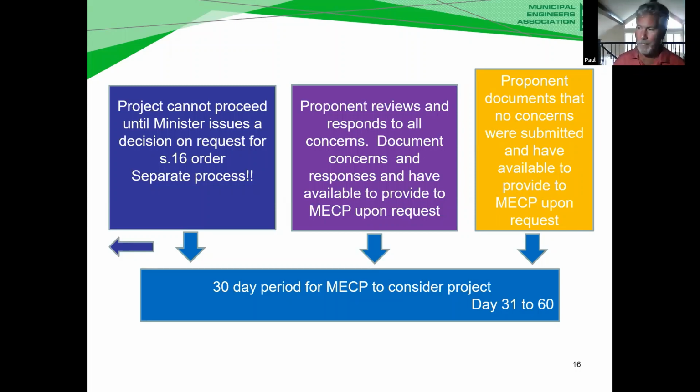And you need to remember this: in the past, if you were in the yellow category and you waited 30 days and nothing happened, you just proceeded. Well, that's not true anymore. There's still 30 more days for the ministry, on its own initiative, to take action.